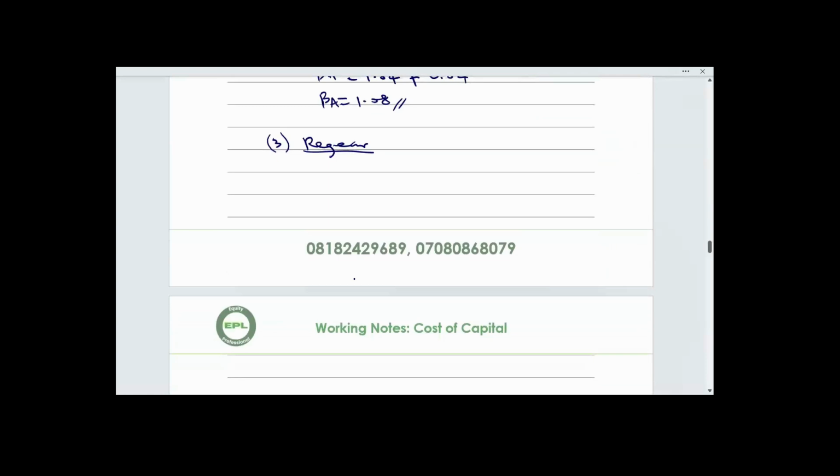Beta assets equals beta equity of a gear times equity value over equity plus debt (1 minus tax), plus debt beta times debt value (1 minus tax) over equity plus debt (1 minus tax).